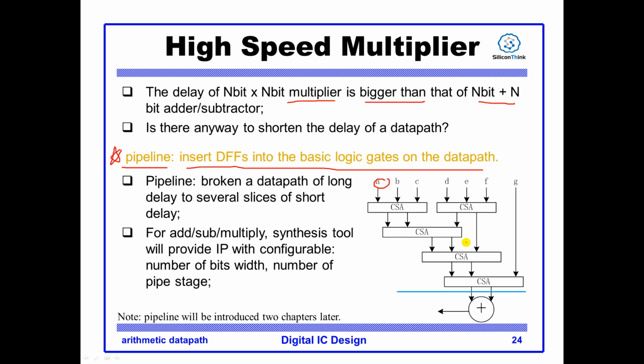Then we use the Wallace tree to sum them up to get 2 digits, then the final adder. You can insert DFFs at this line, and then you divide the data path into 2 segments, segment 1 and segment 2. So in each segment the delay is shortened.